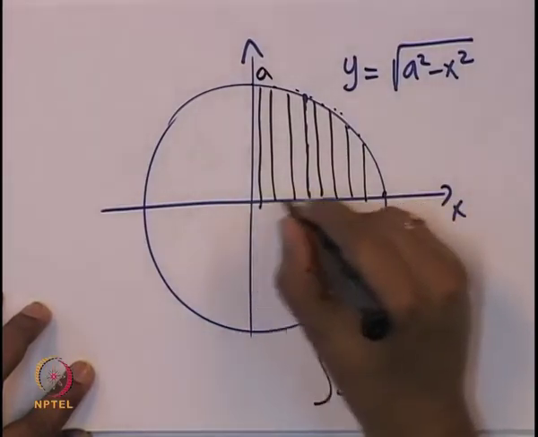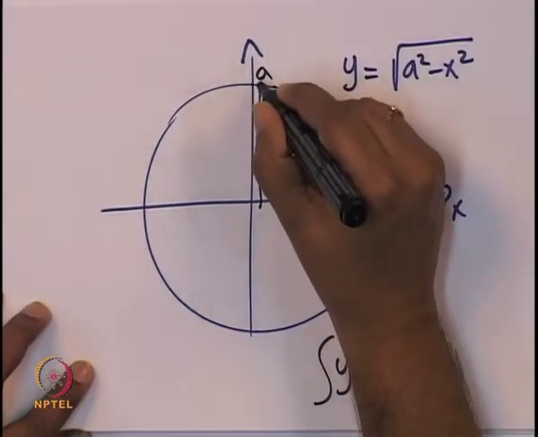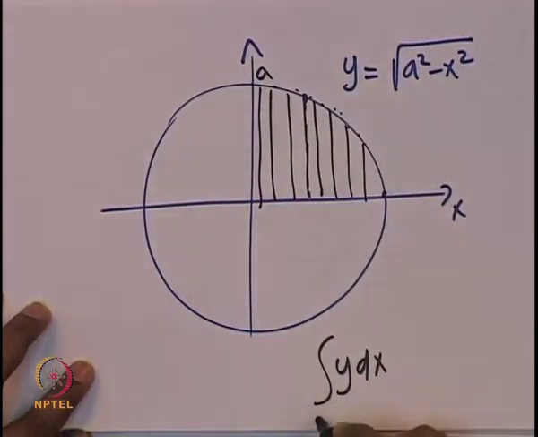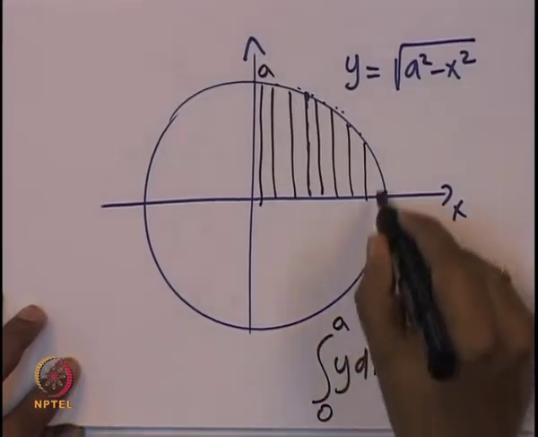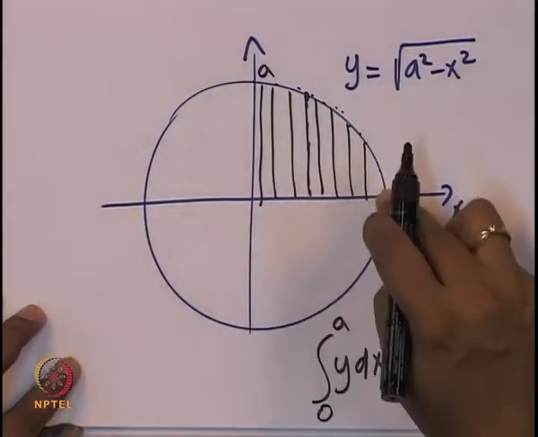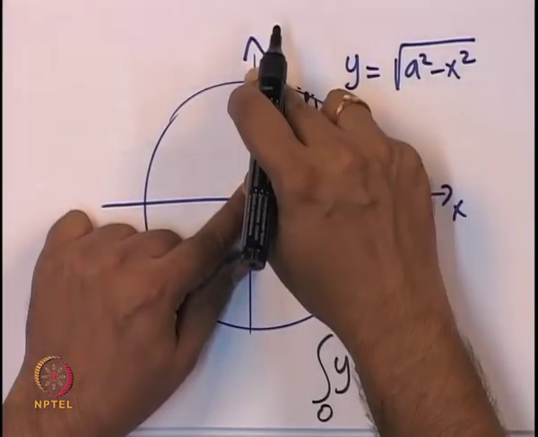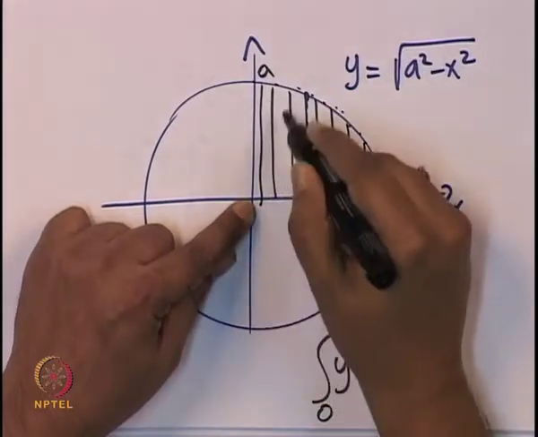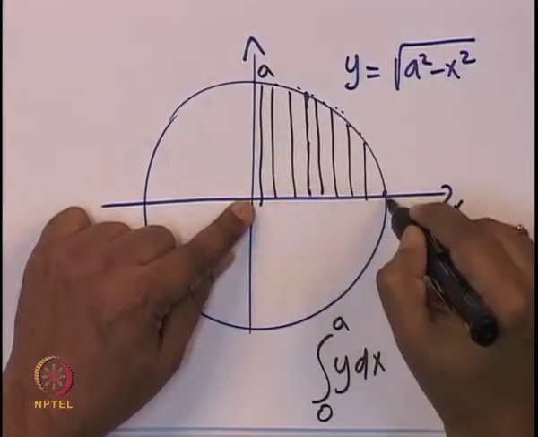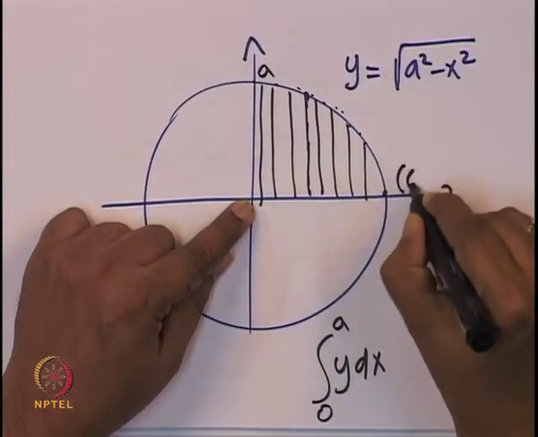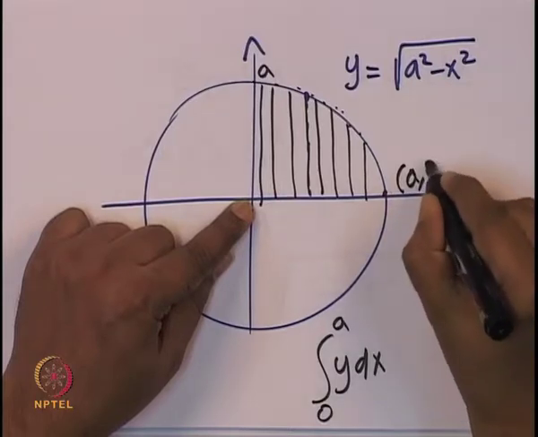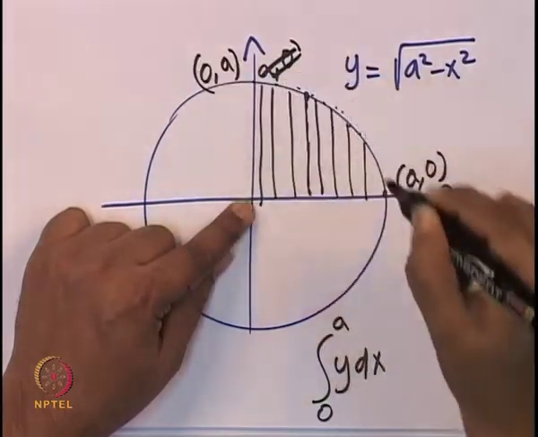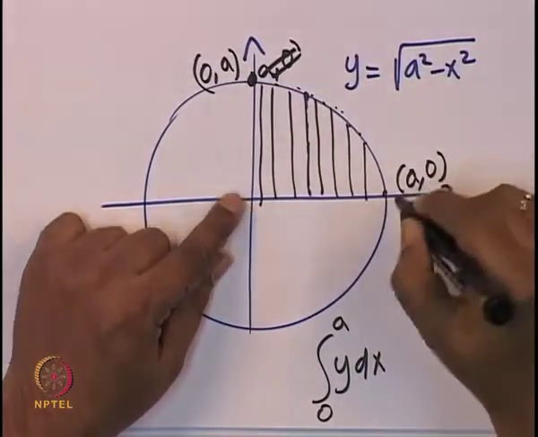Sorry, here x is equal to a and y is equal to 0, and here x is equal to 0 but y is equal to a. These points are 0 a and a 0. So, let us integrate from 0 to a.